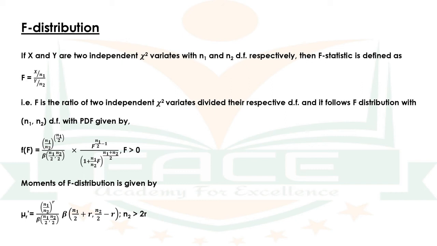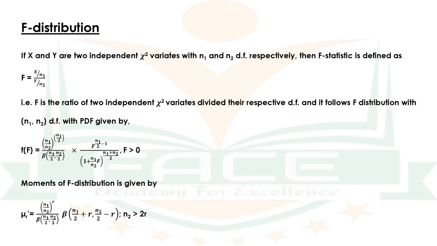Its distribution function or PDF is given by f of F is equal to n1 by n2 the whole raised to n1 by 2 divided by beta n1 by 2, n2 by 2 into F raised to n1 by 2 minus 1 divided by 1 plus n1 by n2 F the whole raised to n1 plus n2 by 2, where F is greater than 0.